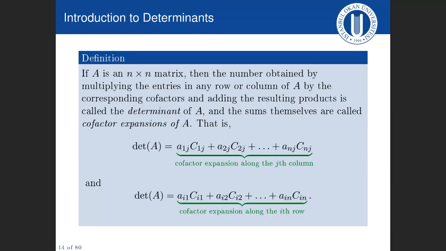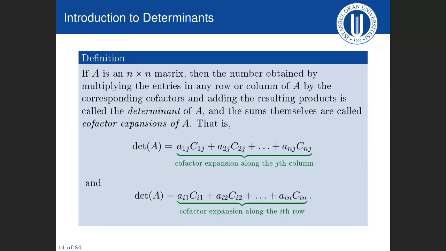So that's how we define the determinant of an n by n matrix. Whichever number we get by choosing a row or a column and doing entry cofactor plus entry cofactor plus dot dot dot plus entry cofactor, this number is called the determinant of A, and the sums themselves are called cofactor expansions of A.